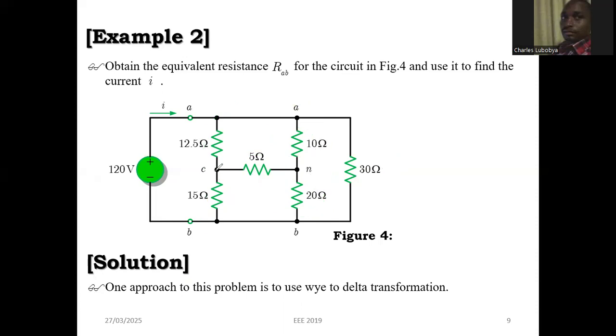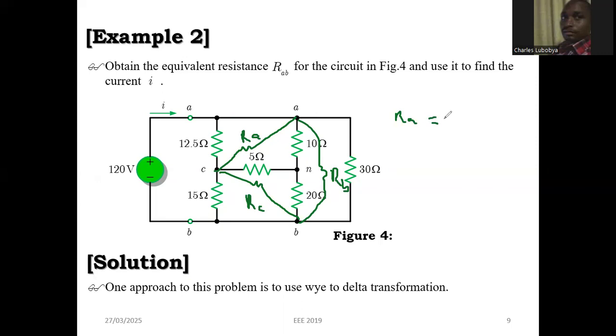circuit. For me, let me choose to start by turning this star into a delta, this circuit into a delta like that. And then the idea here is, let me find RA, let me find RB, and let me find RC. So to find RA, you're converting from star to delta.